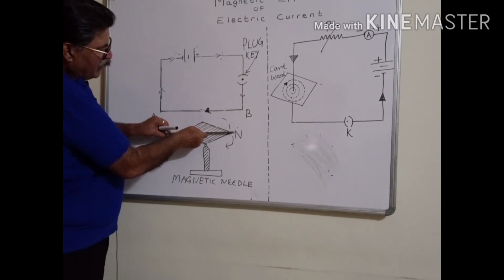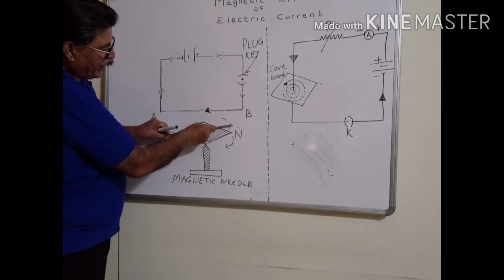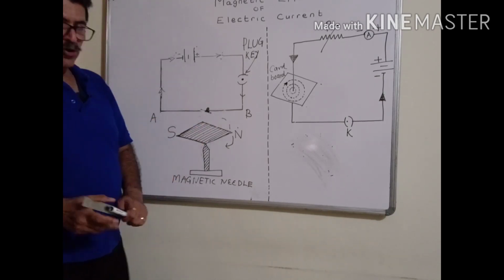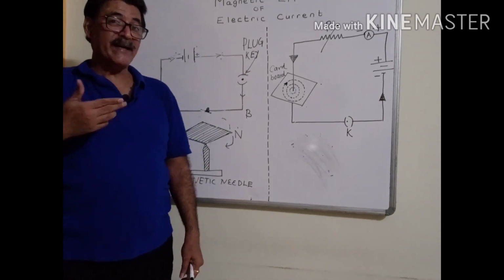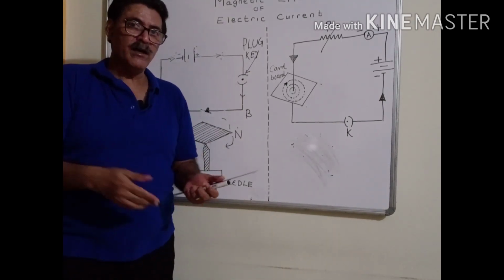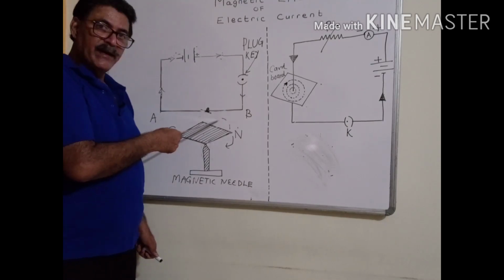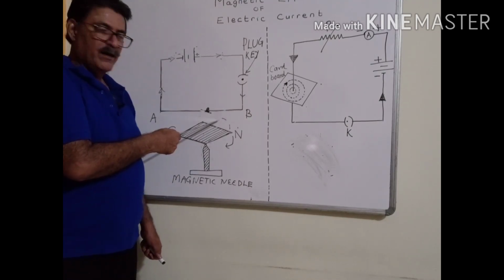So that means, supposing now this is here and this compass needle is at a distance, right, from the conductor, then the deflection will be only so much, right? If it is near the conductor, then the deflection increases. So that means the magnetic field is stronger in the region near the conductor, right?